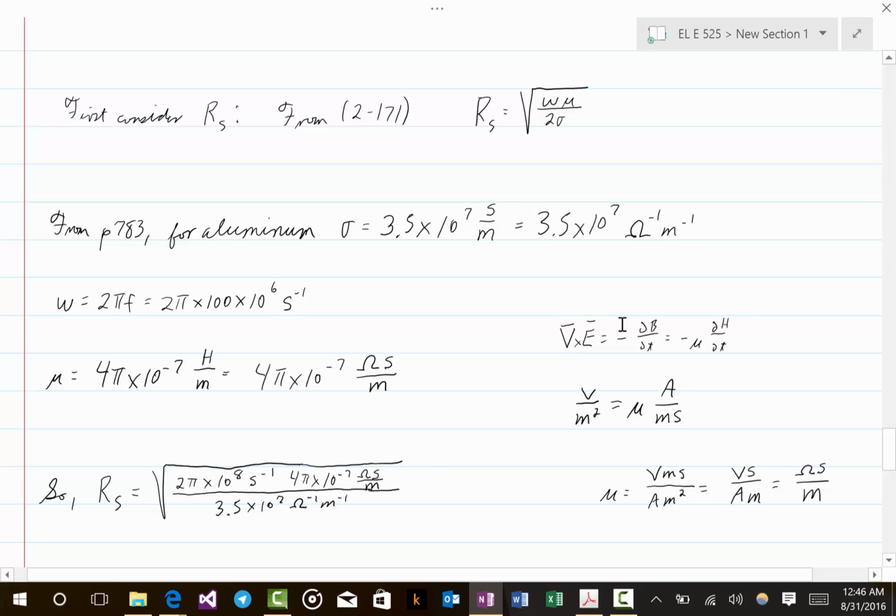One that I know, and that is in the material we've been talking about here, is one of Maxwell's equations. The curl of E is minus partial B partial t, which is, of course, since B is mu H, minus mu partial H partial t. Now, if I use this equation, I can figure out what mu is in terms of MKS units as follows.